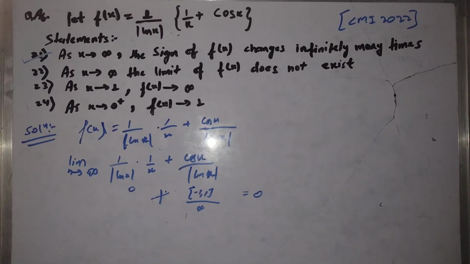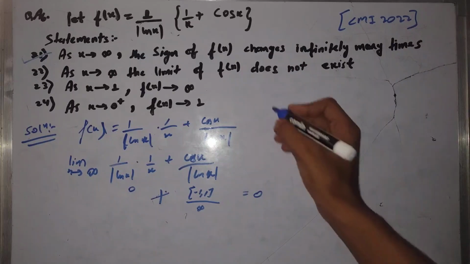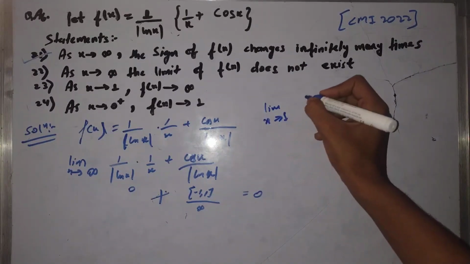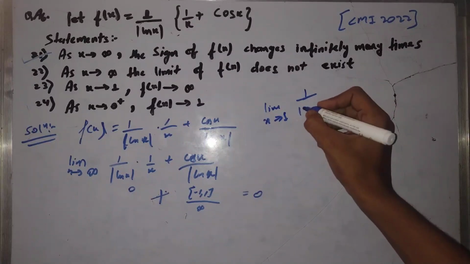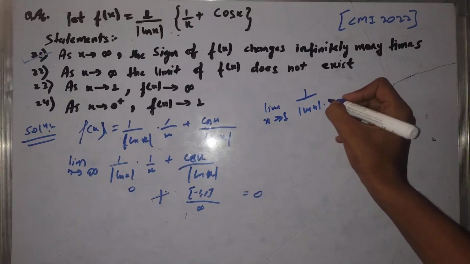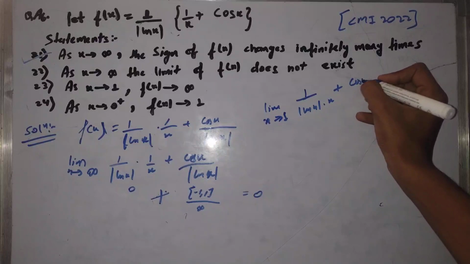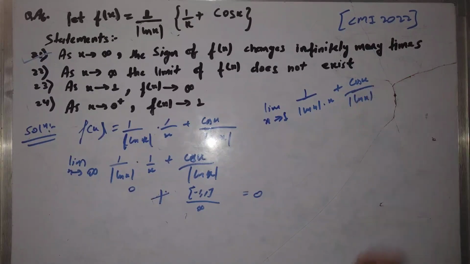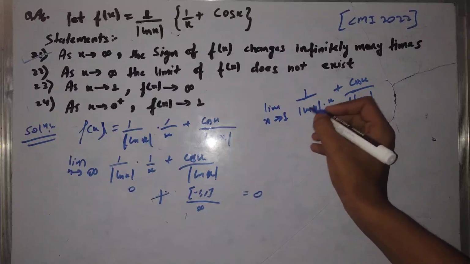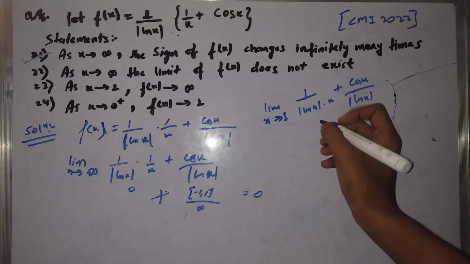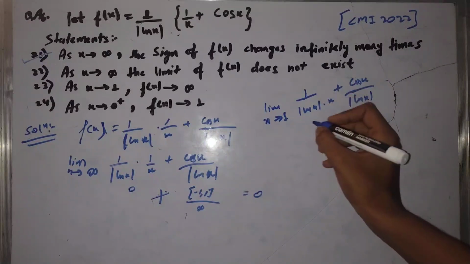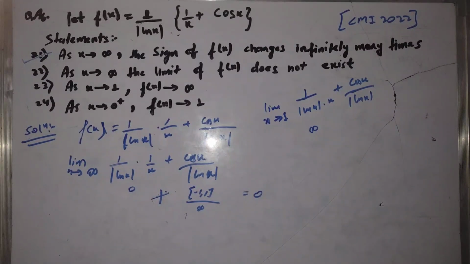Now statement 23 says that at x tends to 1, the function is 1 upon modulus of ln x into x plus cosine of x upon modulus of ln x. At x tends to 1, ln x tends to 0, and because this tends to 0, the whole thing tends to infinity.